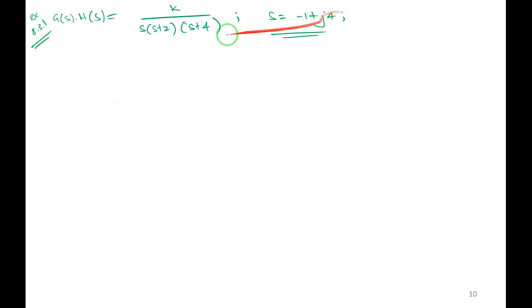Once again, what is the angle condition? Angle of g of s into h of s is equal to plus or minus 2q plus 1, which means an odd multiple of 180 degree. I will read it as plus or minus odd multiple of 180 degree. This is the angle condition.